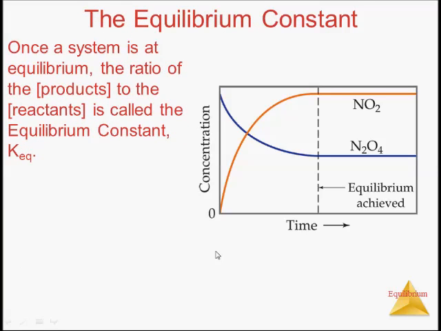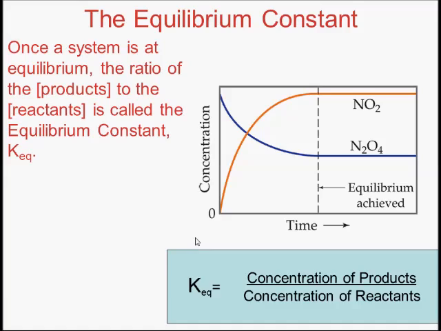So if we were to look at the amount of products that we have and compare it to the amount of reactants, we would have a ratio. And usually we do the concentration of each, and it's usually written as the products over the reactants. And so we would have a ratio of what they were at equilibrium.